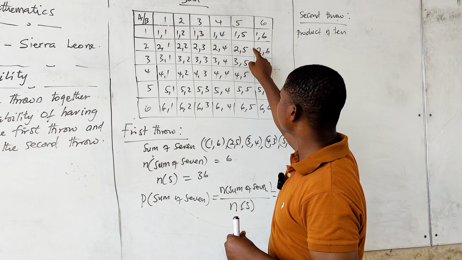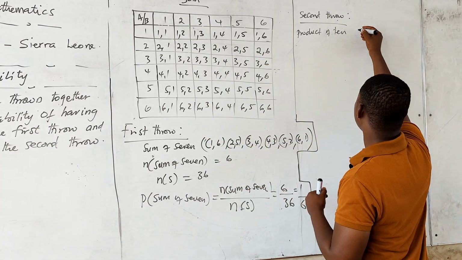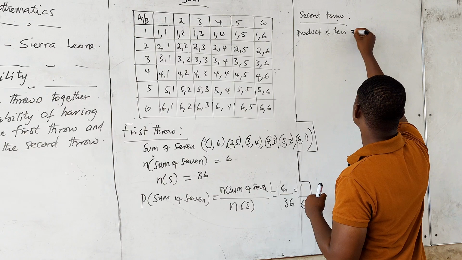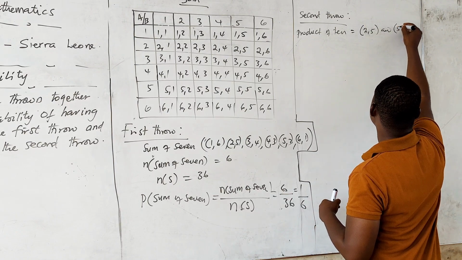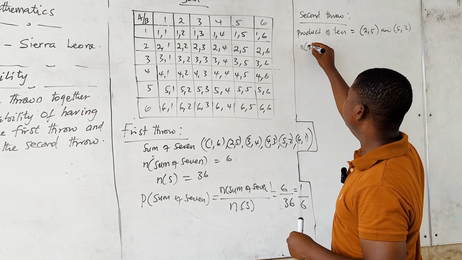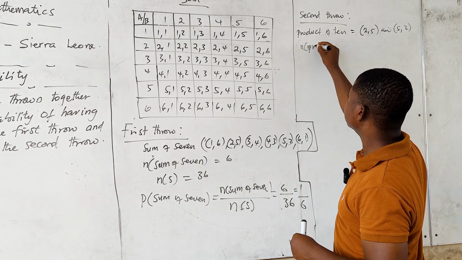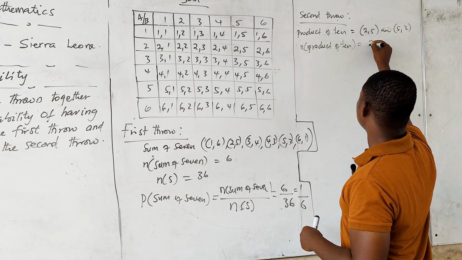We are going to have 2,5 and 5,2. So the number of products of 10 will give us 2.